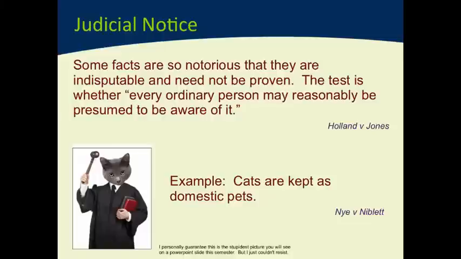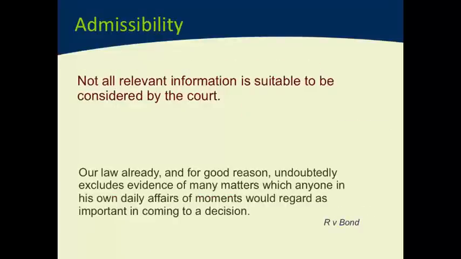If you remember the definition that we started with, Van Beelen, right back at the start of this podcast, we said that the court should receive and weigh relevant evidence unless there is a specific rule to the contrary. And I mentioned at the start that those specific rules to the contrary are the rules of admissibility. The rules of admissibility say that there is some relevant information that should not be considered by the court.